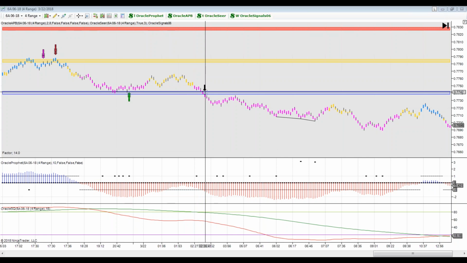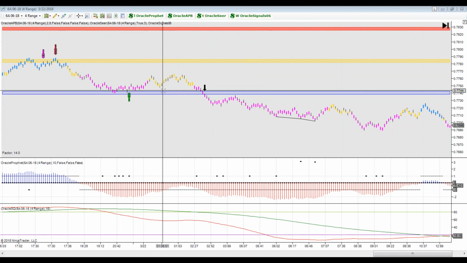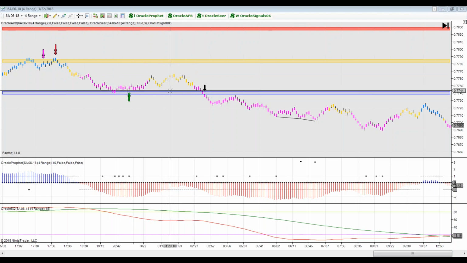So basically 3 trade setups. When you have one and then another close by like this, I just view this as one. So we had 1, 2, 3 trade setups, and all of those produced some pretty nice profits, some bigger than others.